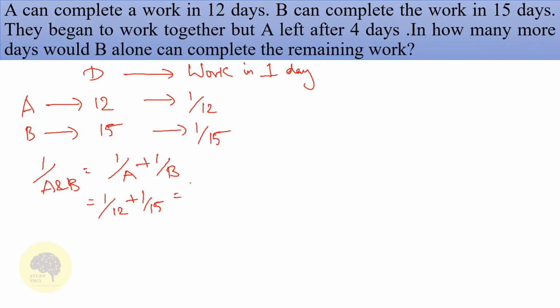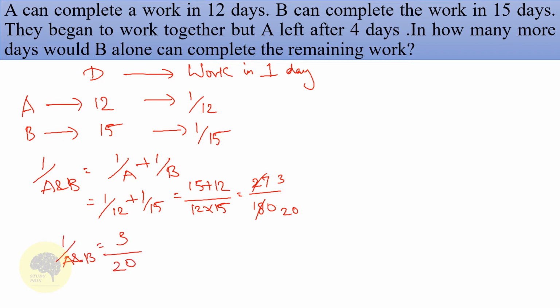Cross multiply this: (15 plus 12) by (12 cross 15). Therefore, 27 divided by 180. Simplifying this, we will get 3 by 20. Therefore, 3 by 20 amount of work can be done by A and B together in 1 day.